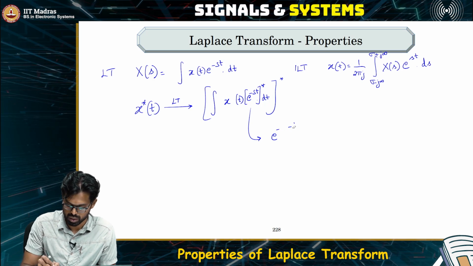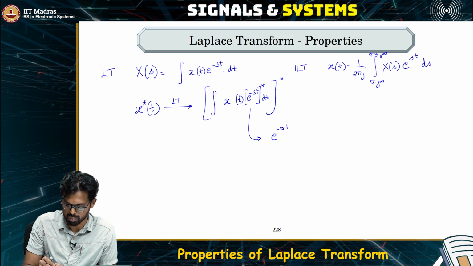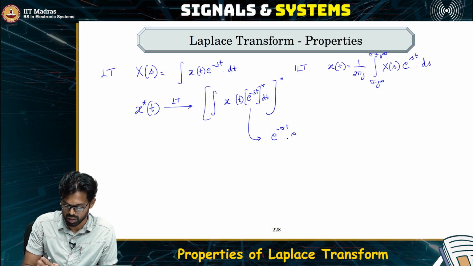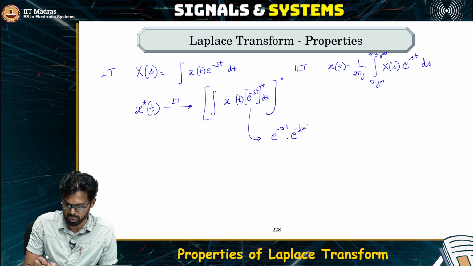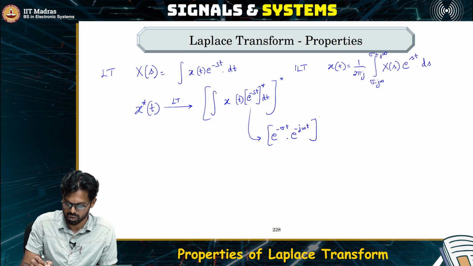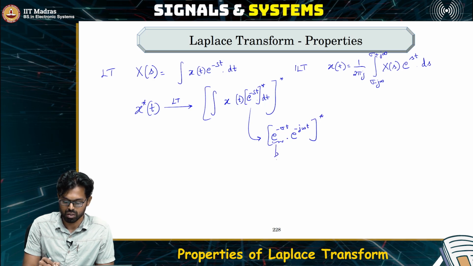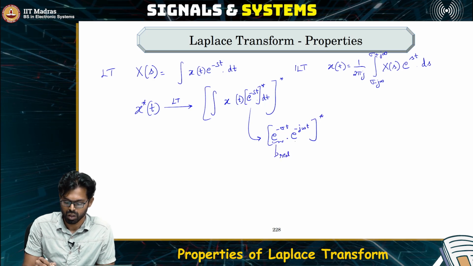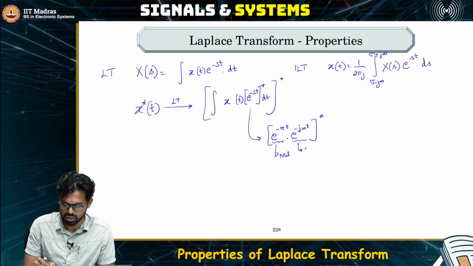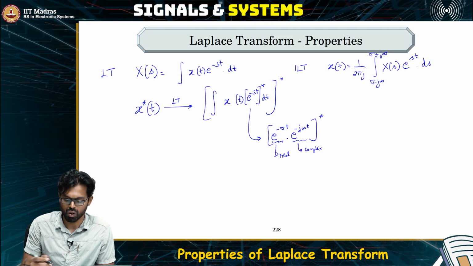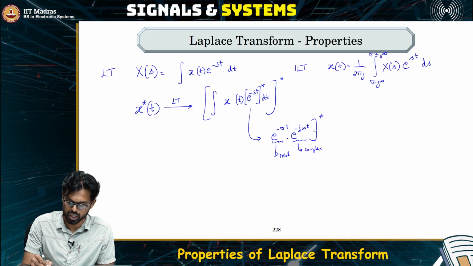In other words, this is e power minus sigma t multiplied with e power minus j omega t, the whole conjugate. Now this term is purely real. This is the only complex part. So the conjugation is going to affect only this part.